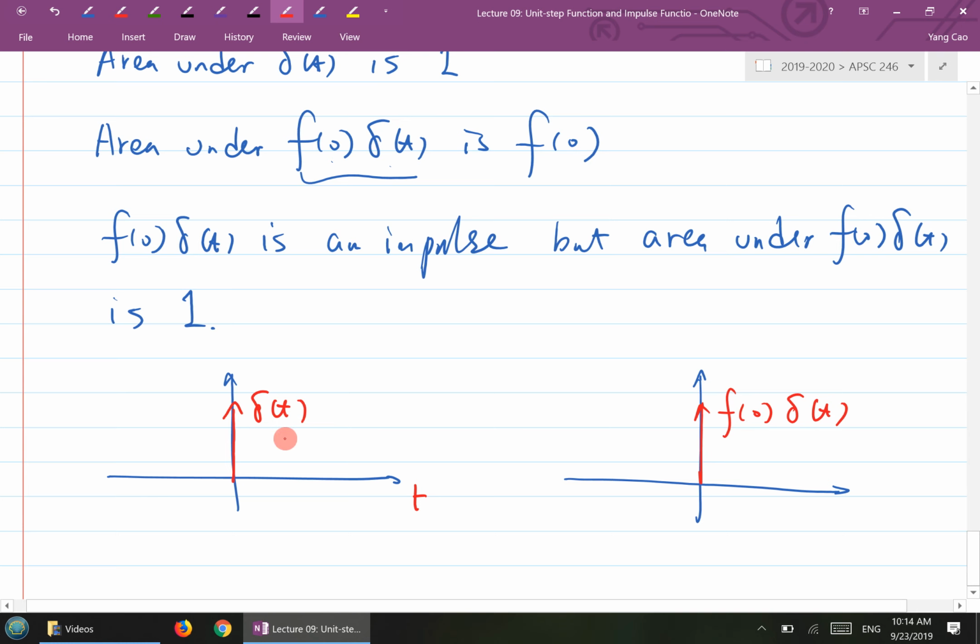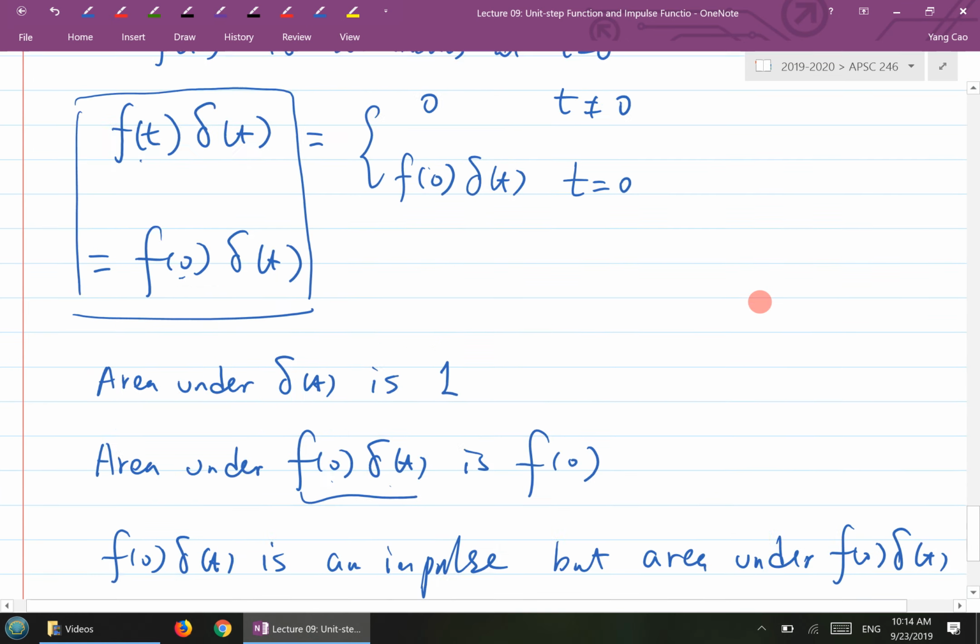When you label this and this, you can clearly tell yourself that the area underneath one is 1, and the area underneath this one will be f of 0. Is that clear? So that's how you can draw this and differentiate the difference.